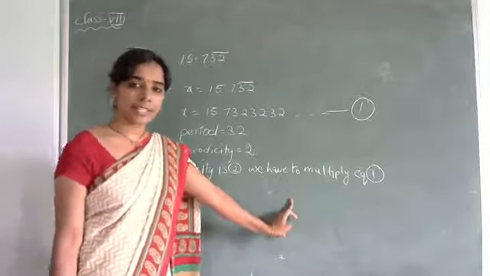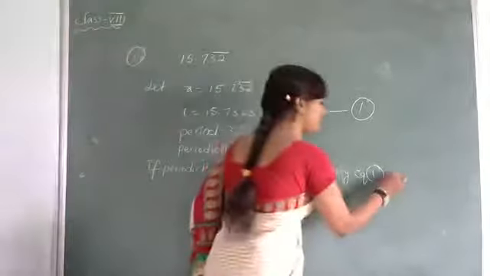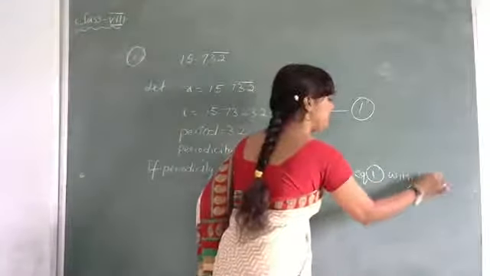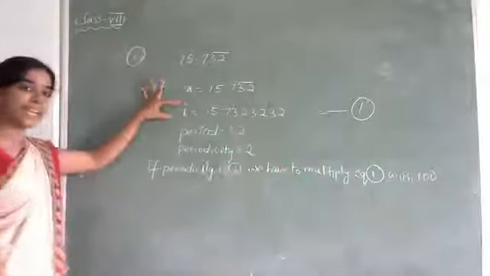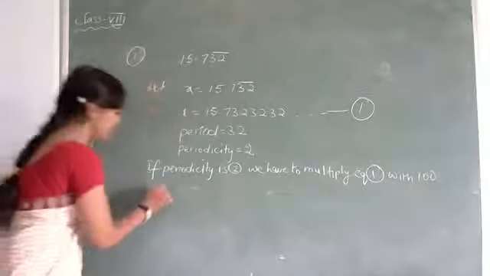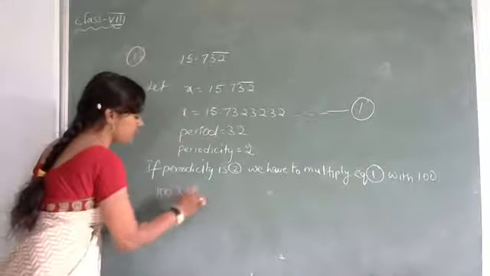If periodicity is 2, we multiply equation 1 with 100. So I am multiplying equation 1 with 100.